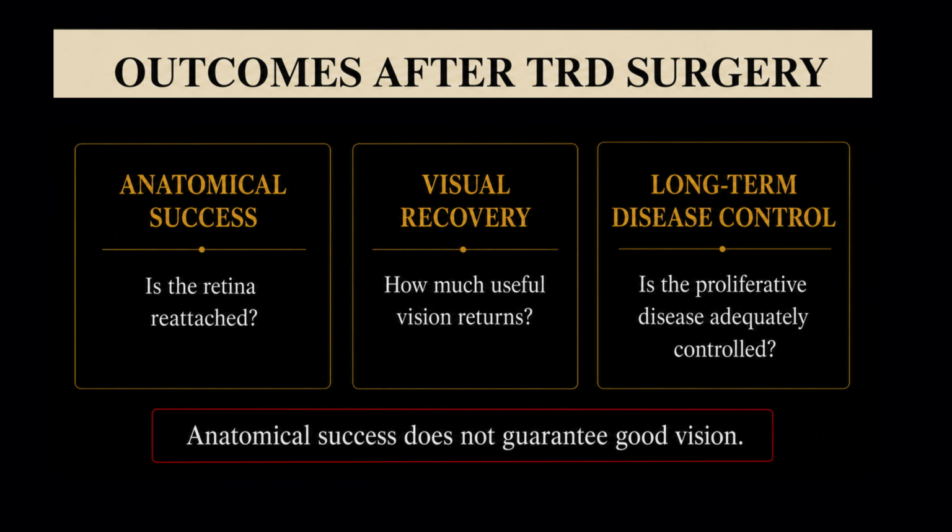Alright, this completes the TRD surgery. After TRD surgery, 3 outcomes should be discussed separately: anatomical success, visual recovery, and long-term disease control. Modern vitrectomy often achieves retinal reattachment, but anatomical success does not guarantee good vision. The strongest predictor of post-operative vision is the pre-operative visual acuity.